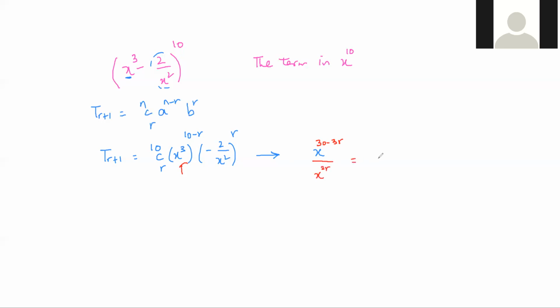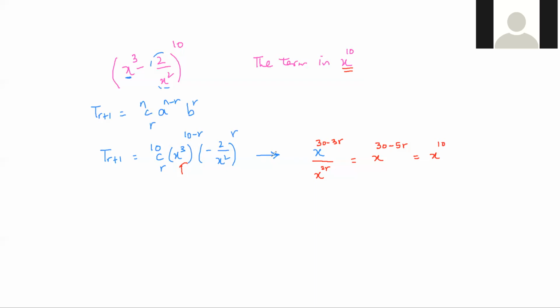So if you simplify this, this is going to be x raised to power 30 minus 5R, and we want this power to be 10, because the question asks for the term which has x to the power 10. We wrote down this formula, and this R was unknown.